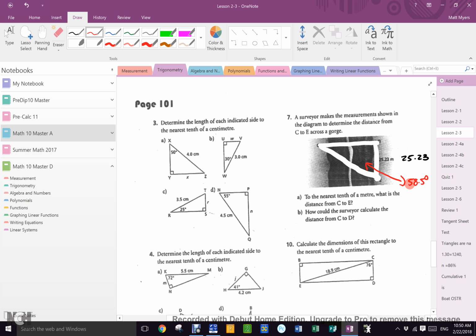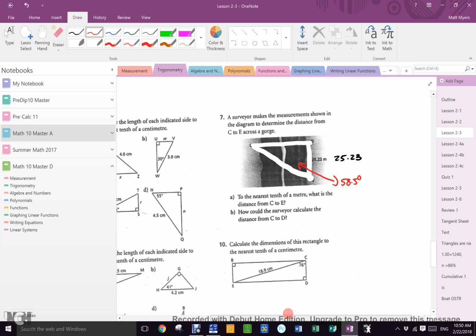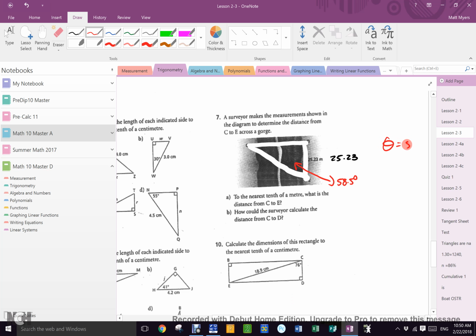Now, what's weird about that question? We don't usually have angles at 58.5 because angles aren't measured in decimals, okay? But you've been given an angle of 58.5. So what is your theta going to be if you do this question? You're going to use 58.5. In reality, in the real world, angles do get broken down, and it makes a difference.